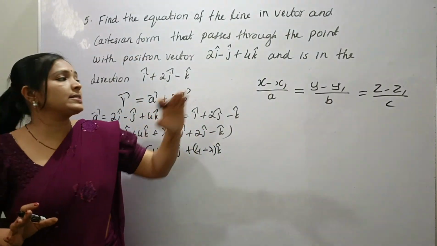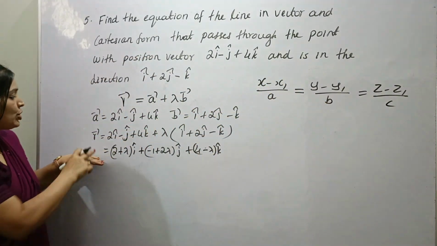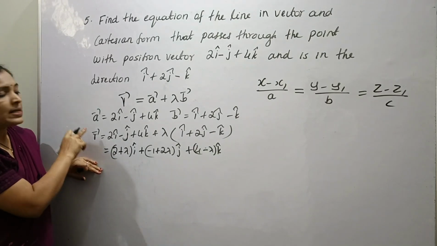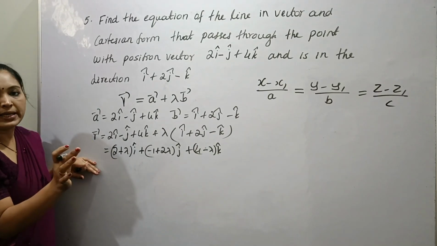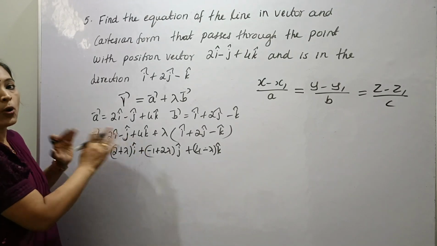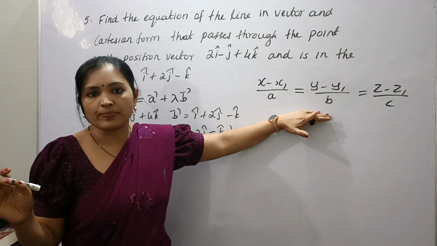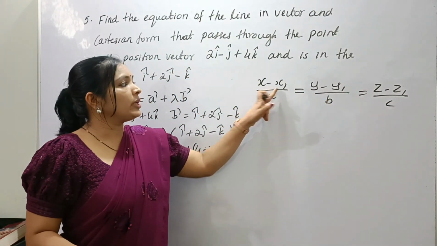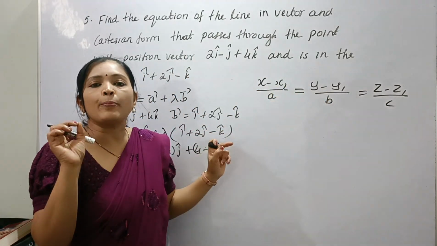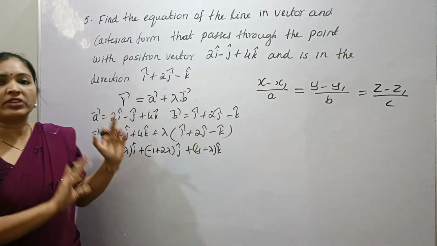If you forget this Cartesian equation, you just substitute r equal to xi + yj + zk, then equate the corresponding coefficients of components, and you will get the Cartesian equation. Or you can directly substitute here, where x1, y1, z1 is a point on the line and a, b, c are the direction ratios of the line.